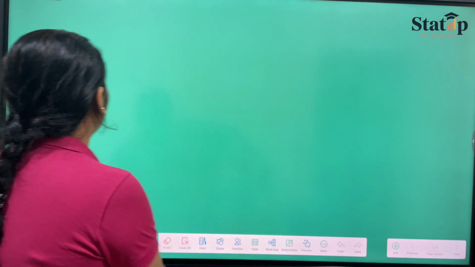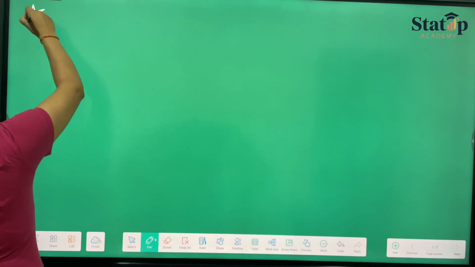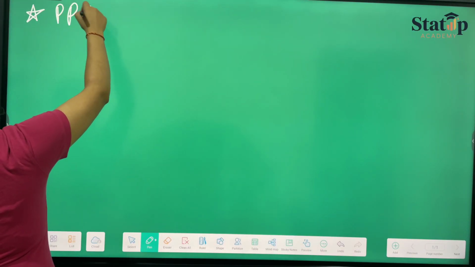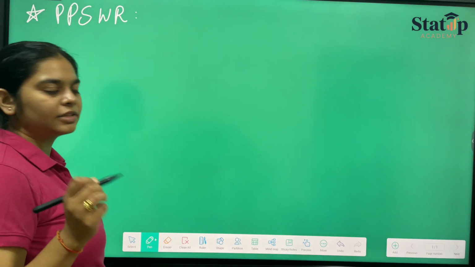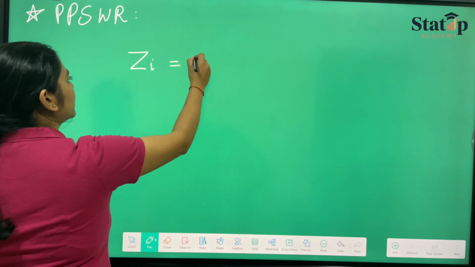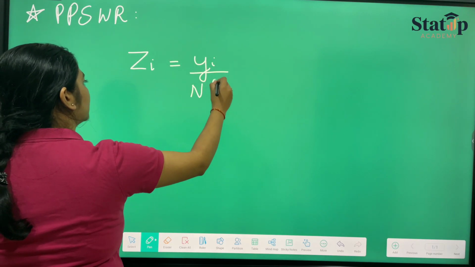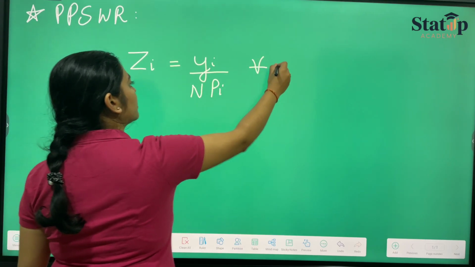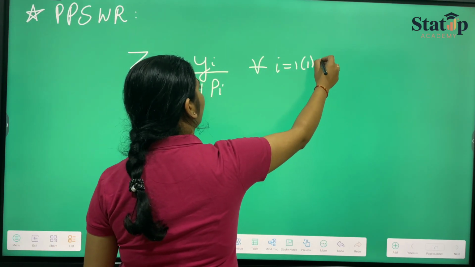So in PPSWR, probability proportional to size with replacement, we saw that we took the Z statistics, which was nothing but Yi upon NPi for all i's, where i goes from 1 to n.